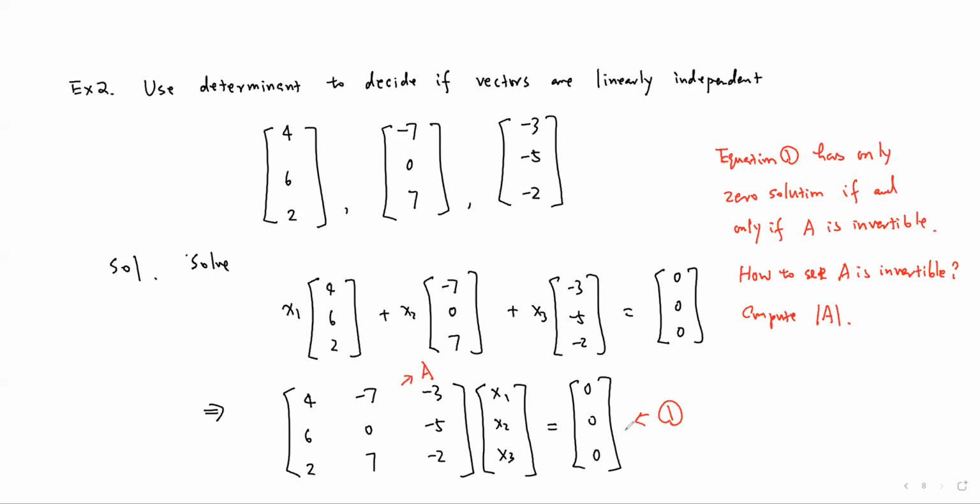Therefore, equation 1 has only zero solution, and therefore this vector equation has only zero solution. By definition, the three vectors are linearly independent. Now, let me compute the determinant of this matrix on the next page.